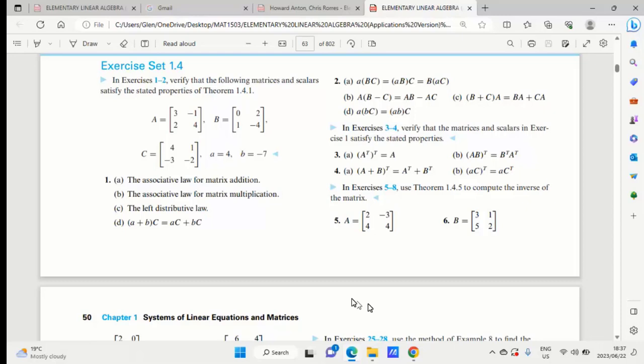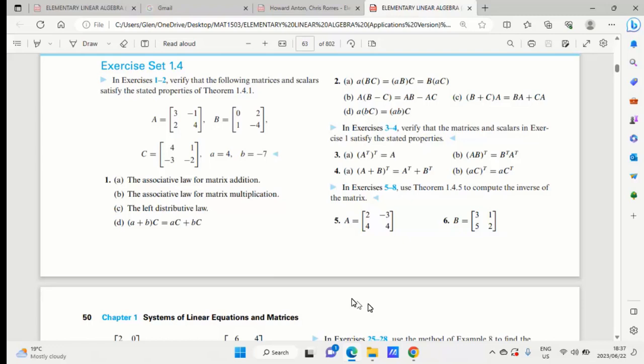Lebo? Yes, sir. Please defend the negative 18 that you got. When I say defend your negative 18, I'm just saying, please explain to us how you got it. Okay, BA is the matrix 0, 2, positive 1, negative 4.